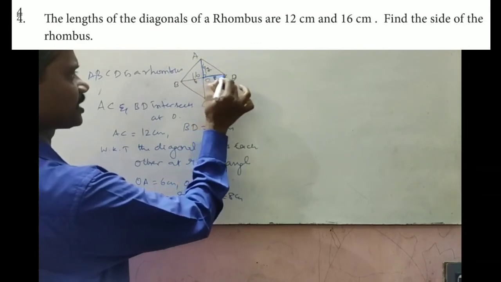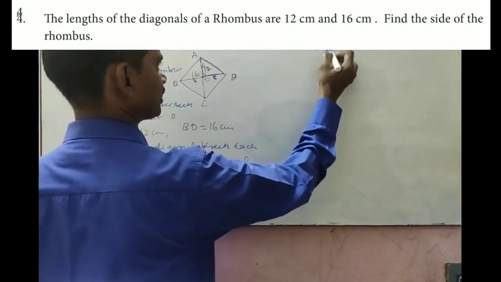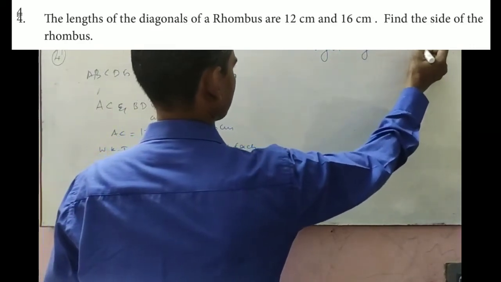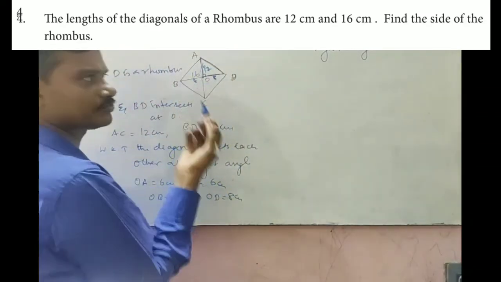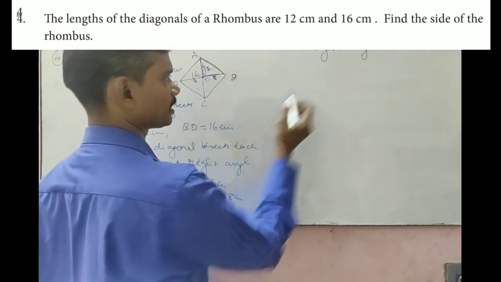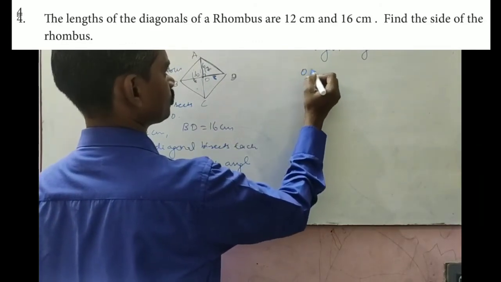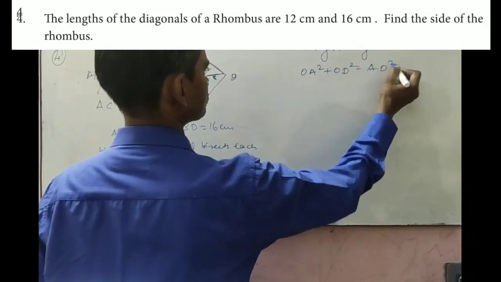Consider this right angle triangle. In the right angled triangle OAD, you can consider any one of the right angle triangles. By using the Pythagoras theorem, OA square plus OD square equal to AD square.